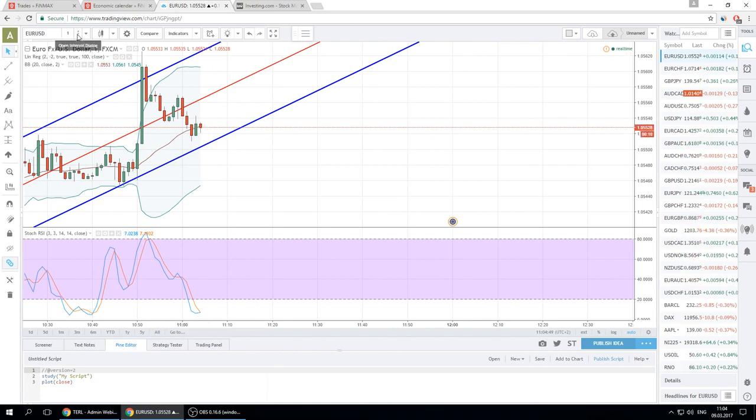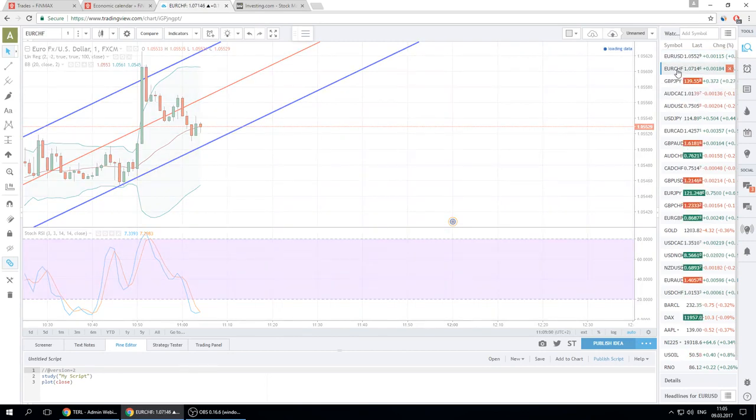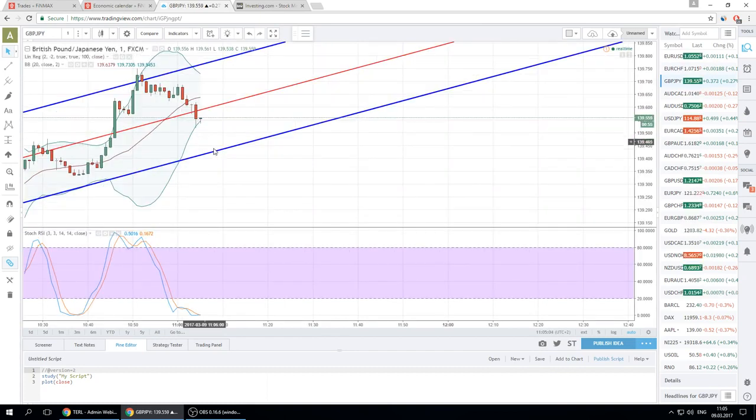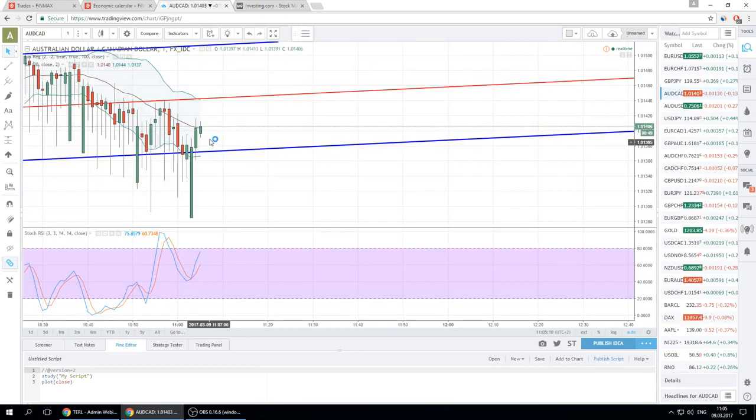The time frame is 1 minute. Right now the situation on the Euro USD is not clear, so I'm not gonna open the trade on that. Sometimes, as you remember, you need to look for the opportunity to open the trade or to wait on it.